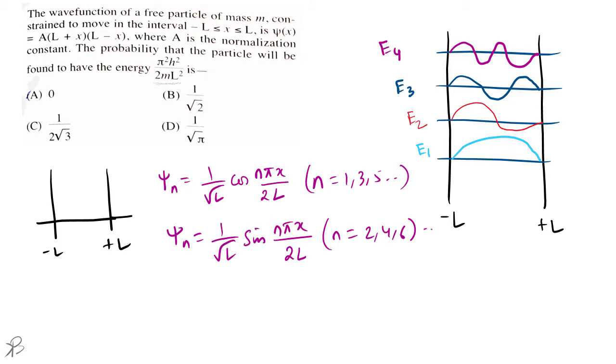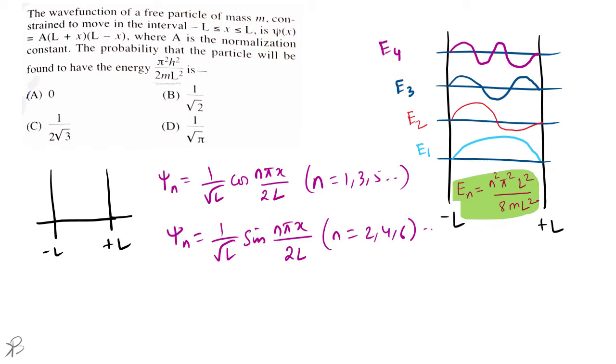Okay, so this is how the wave functions look, and of course the energy is given by n square pi square h square divided by 8m L square. So this is the nth energy level of this well.